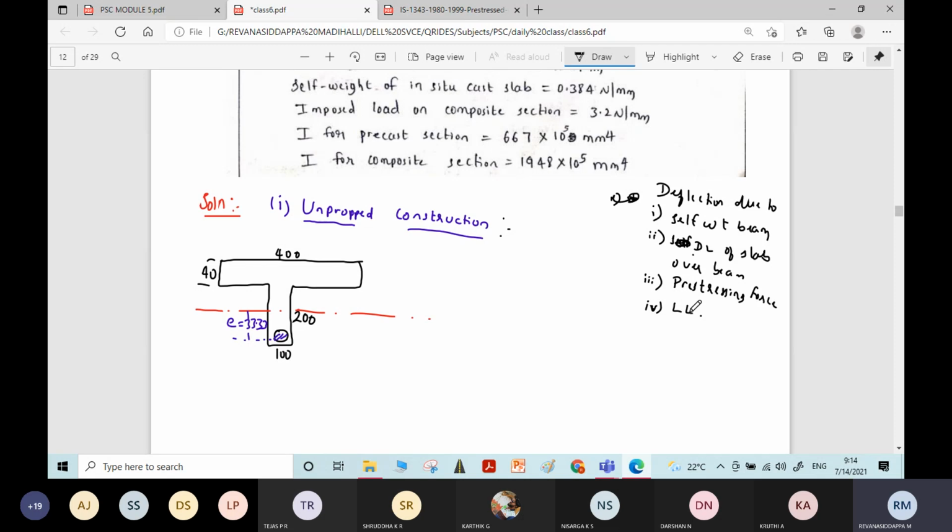In the same fashion, to calculate the deflection, we need to first calculate deflection due to self-weight of the beam, deflection due to dead load of slab over the beam, deflection due to pre-stressing force, deflection due to live load on the composite beam. Adding all together, you will get the total deflection of the composite beam. Okay, this is the procedure we have to follow. Now we will find the deflection one by one.